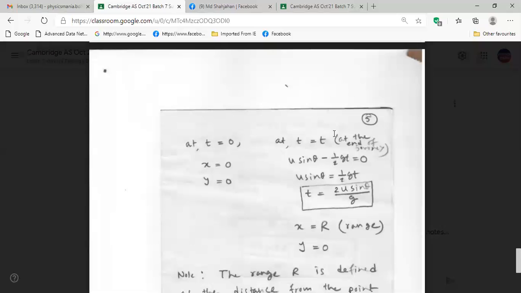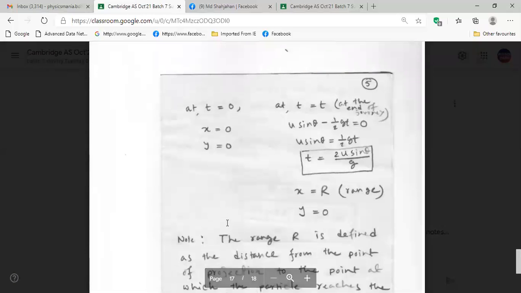Then if we write that value equals 0, the second factor of the quadratic equation is also 0. If you rearrange and simplify it, it comes t equals 2u sine theta by g, x equals R, the range, y equals 0.